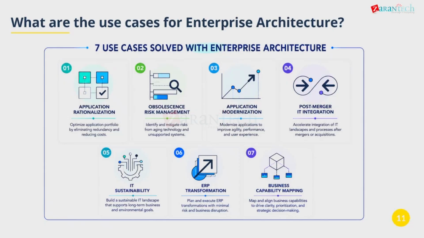Once you get access to LeanIX in your company, not this training one, after the training you'll know what to do, but once you actually use LeanIX in your organization, never try to boil the ocean. You will never be able to do that. Never try to do all the 7 at once. Start small. I would suggest rationalization and ERP transformation.